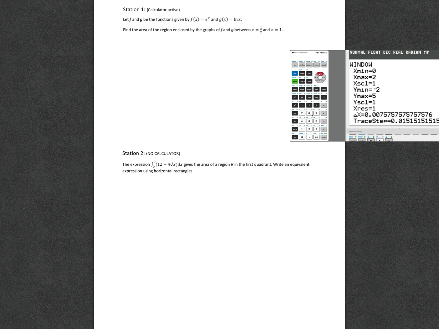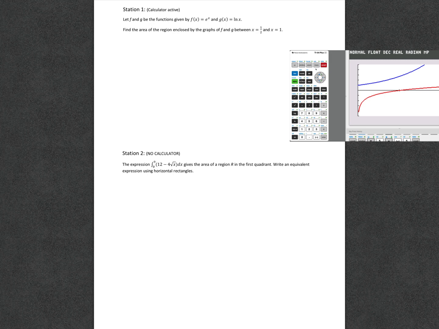Okay, now they're both in view. We can see that the blue one is e to the x, and that's on top, and the red one is ln x on bottom. So now we know when we integrate, we'll do the integral.